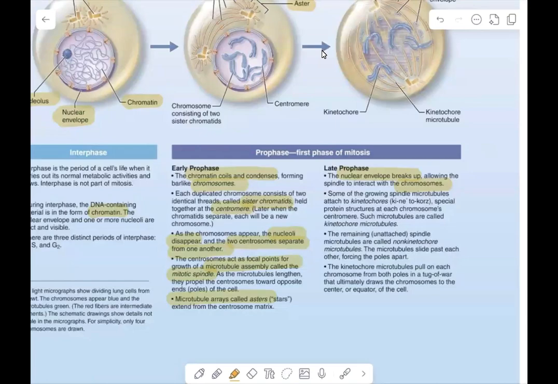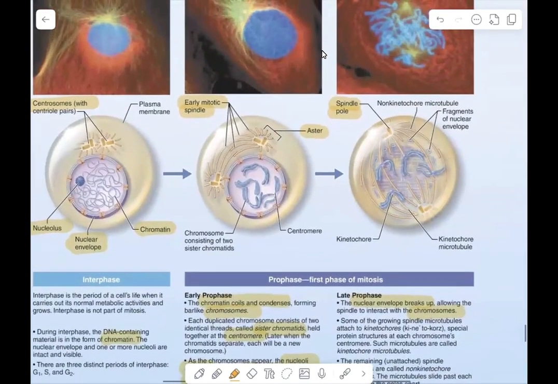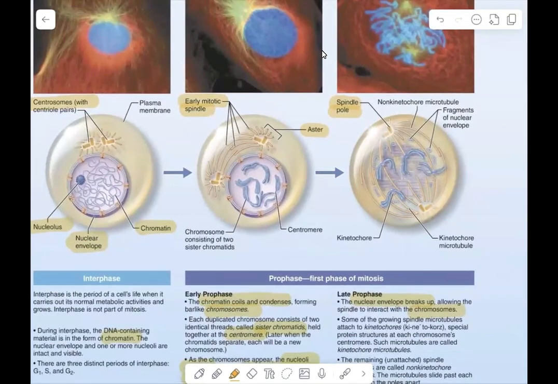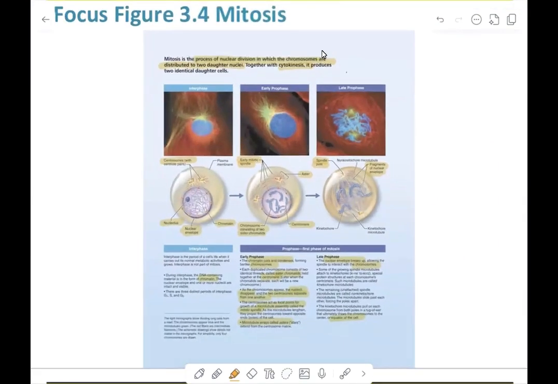And we have what's called an equator of the cell that forms. So you can see, first of all, that the nuclear envelope has disappeared. So there are fragments that are left. The centromere is where the two chromatids meet. So this chromosome has two sister chromatids.